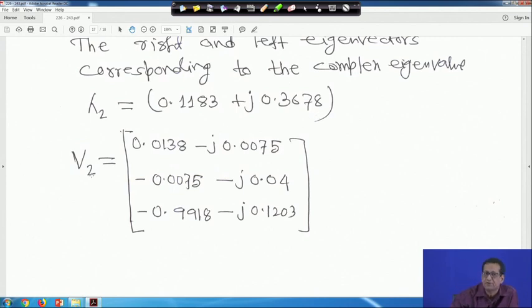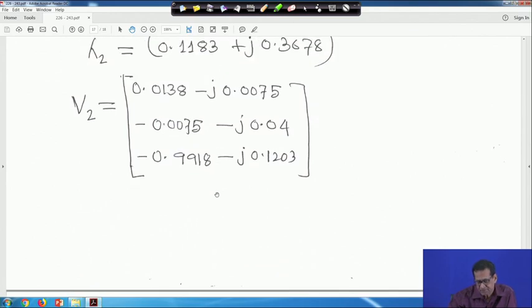For lambda 2 it is 0.0138 minus j 0.0075, minus 0.0075 minus j 0.04, and minus 0.9918 minus j 0.12.